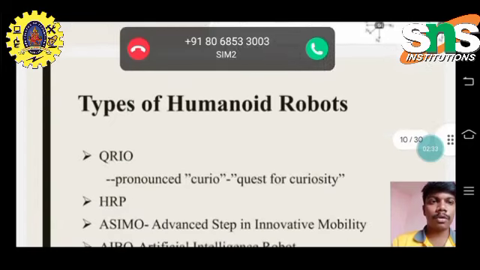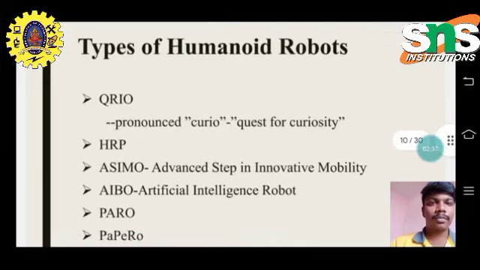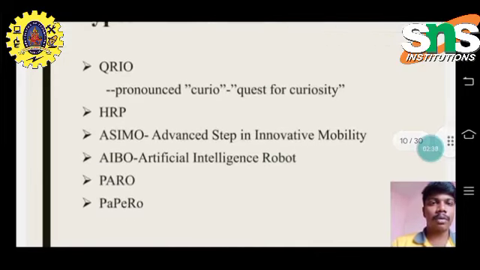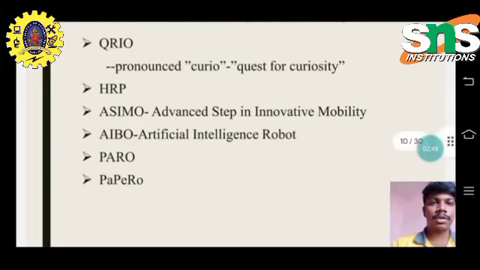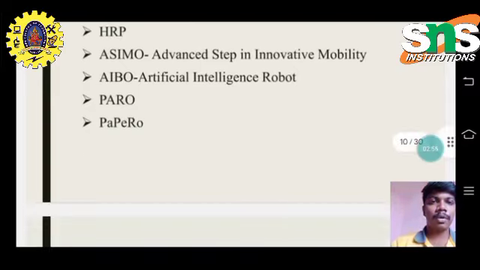Then followed by humanoid robot types, which are ORIO, Creo Quest for Curiosity, then HRP, then ASIMO, Advanced Step in Innovative Mobility, then AIBO, Artificial Intelligence Robot, then PARO and Tapero.